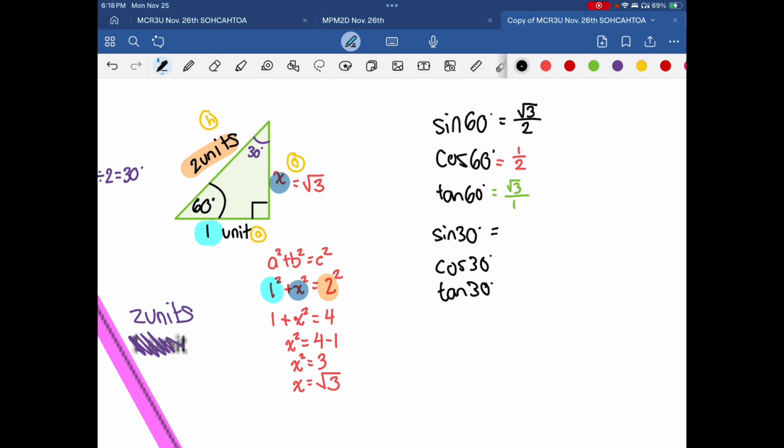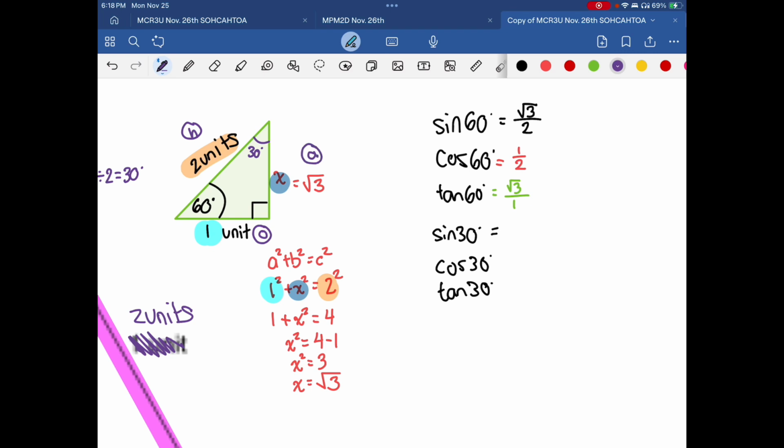Then we have sine 30 degrees. Because I'm switching the angle, hopefully you realize that that does, in fact, change my opposite and hypotenuse. So now the 1 unit is my opposite, because my angle is now 30, and my adjacent is now the root 3.